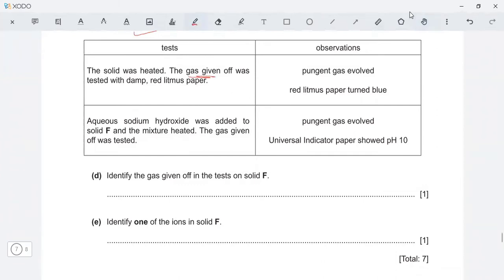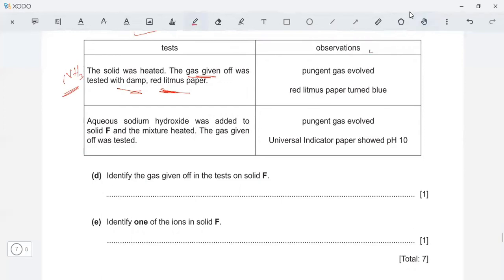The gas given off was tested with damp red litmus paper. So always remember, a famous gas that is tested by red litmus paper is ammonia gas. Only ammonia gas will be tested by red litmus paper, changing it to blue.